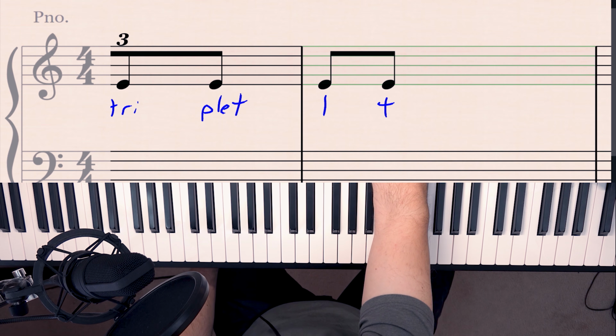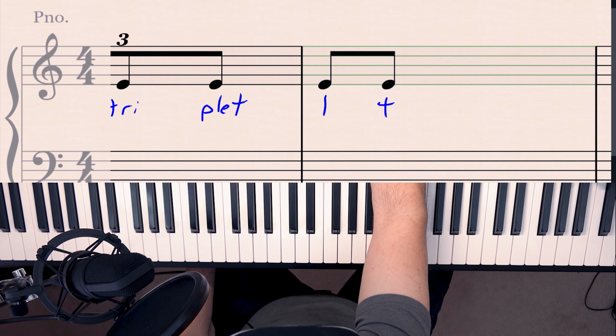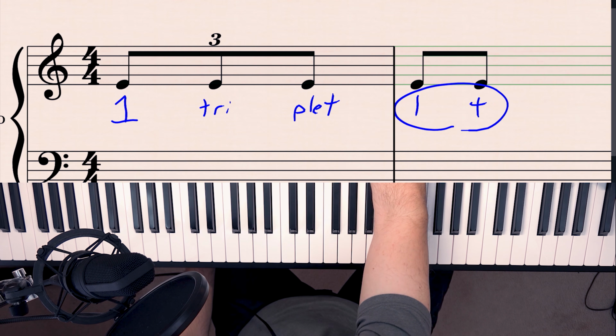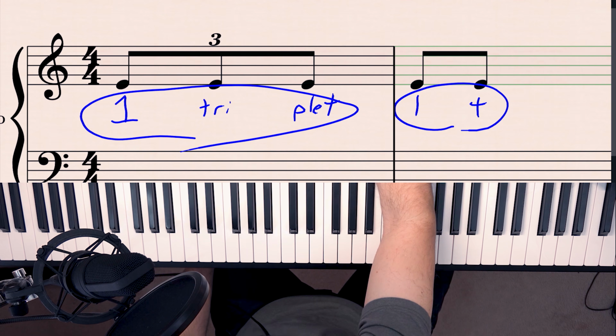These are called duplets because you are splitting things into twos. And with a triplet, you are splitting them up into threes. So we need counting methods to account for each of those.